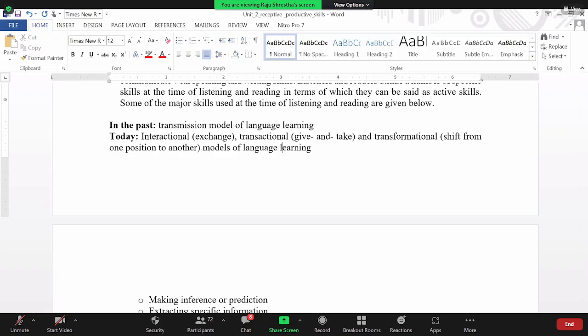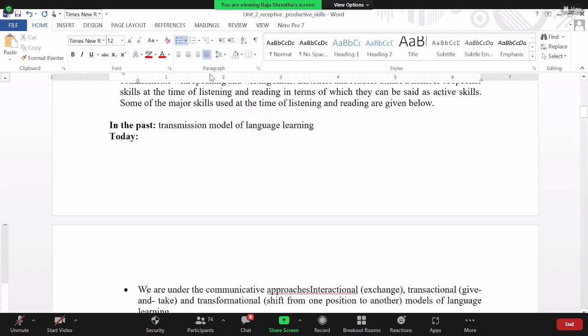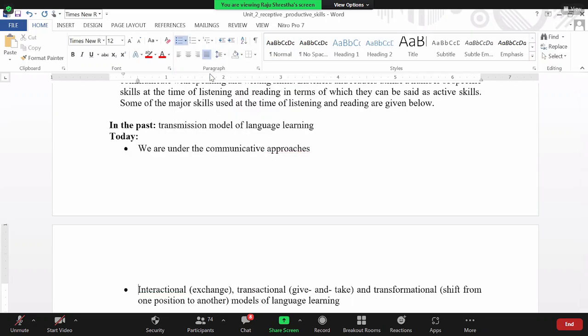Then this kind of models we have adopted because we are under the communicative approaches. हामी communicative approach भित्र छौं. त्यही भएर communicative approach ले communicative, interactive, collaborative हुनुपर्छ भन्छ. Then according to these communicative approaches, the model of language learning is what? Interactional model, transactional model, transformational model.